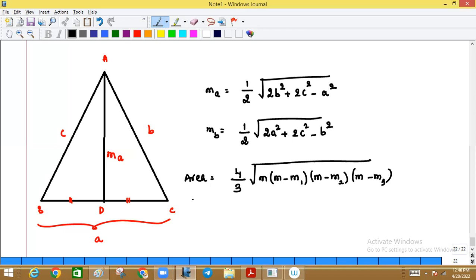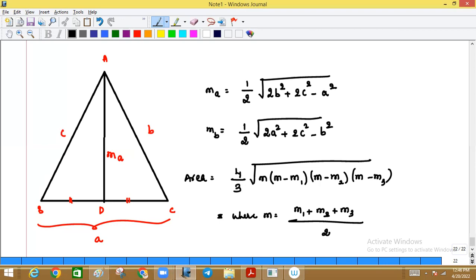When three medians are given and if they ask you about the area, it is 4/3 of under root of m into m minus m1 into m minus m2, m minus m3. What is m here? Where m is equals to m1 plus m2 plus m3 by 2. Understood?